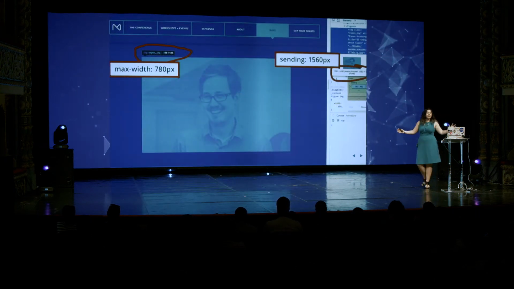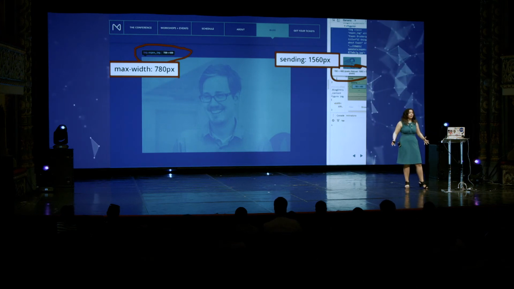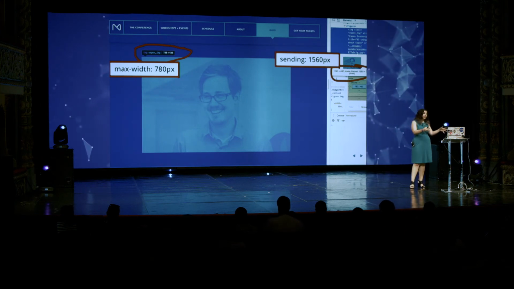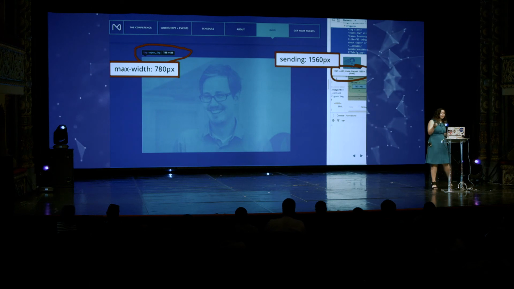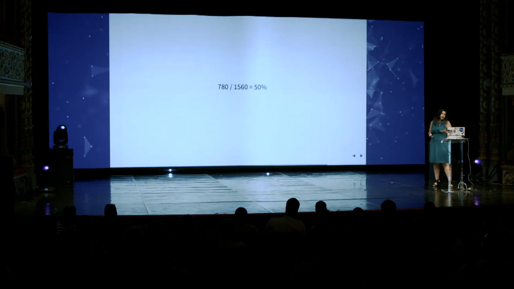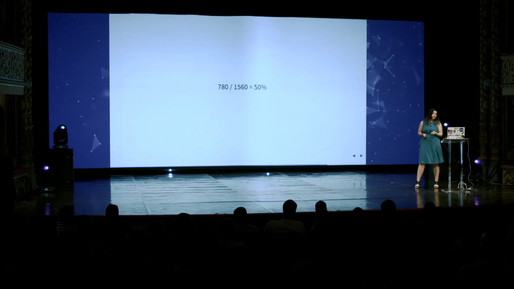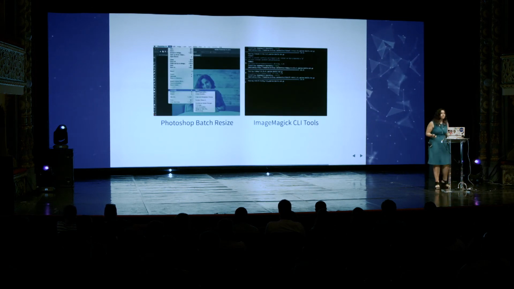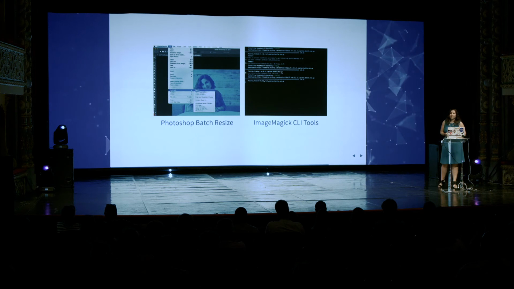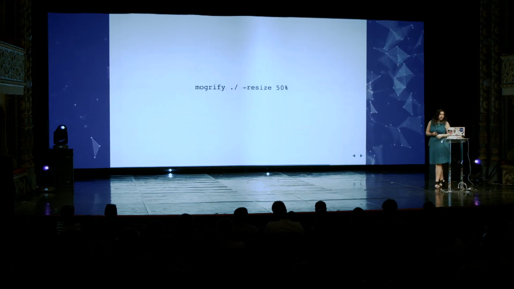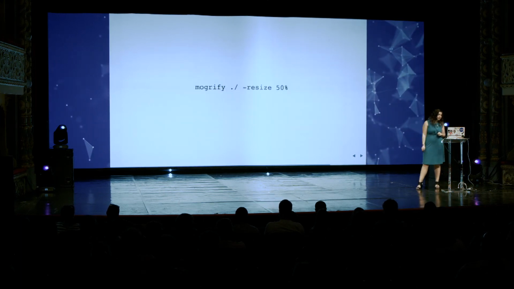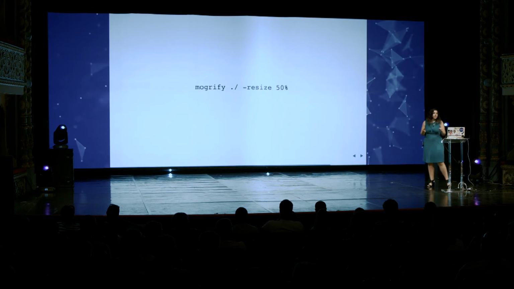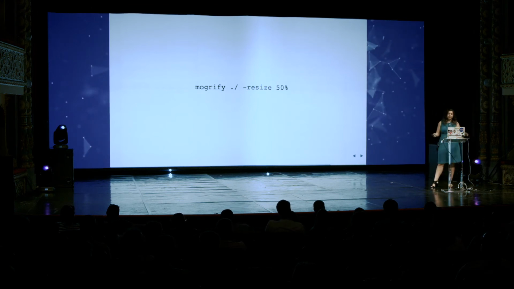Okay, the widest size these speaker images ever appear is 780 pixels on the blog. We're still sending it at twice that size. So what we could do really quickly is, with our command line or something, just divide them by half, because we're never seeing a picture at any time bigger than that. We save a lot in our image size. Here's how you do it with ImageMagick. And it really is just the lazy way to improve images overall.